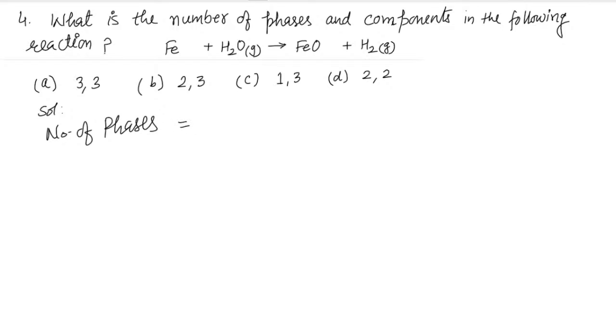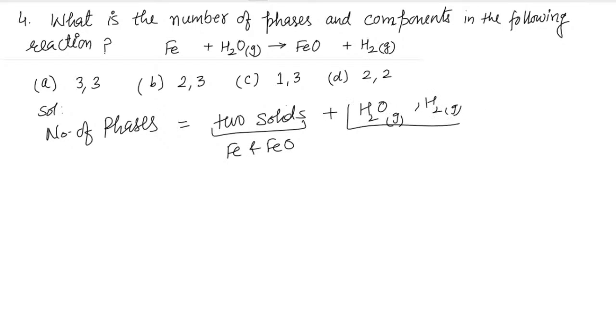So there are 2 solid phases, 2 solids contribute 2 phases, plus 2 solids means one Fe and other is FeO, H2O gas, H2 gas. So gases contribute 1 phase. So total number of phases is again 3.